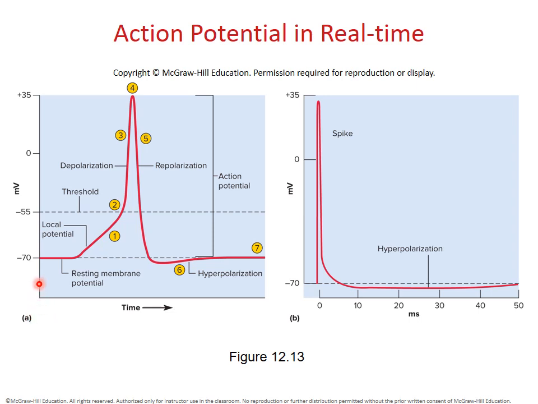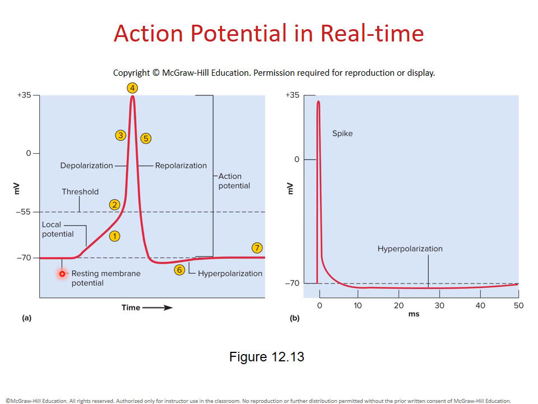Just to review, an action potential can only occur at places on the membrane where we have voltage-gated channels, and in a typical neuron, that's called the trigger zone, which begins at the axon hillock at the base of an axon. In order to initiate an action potential, you have to get a variety of graded potentials known as excitatory postsynaptic potentials occurring at the dendrites or the cell body of the neuron.